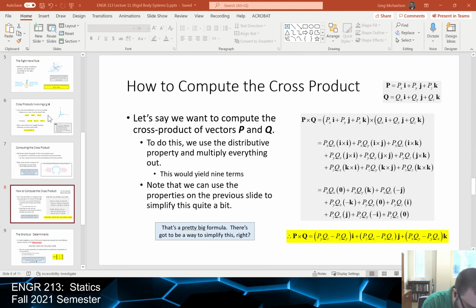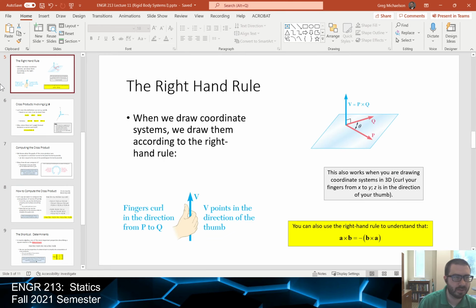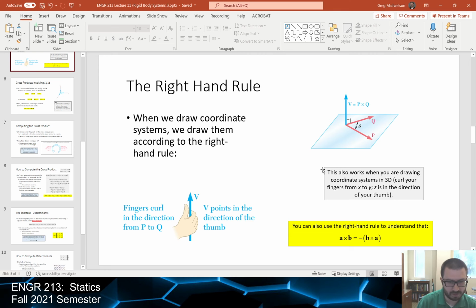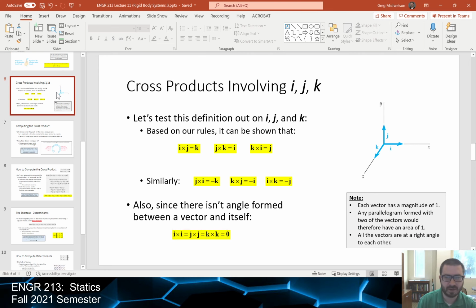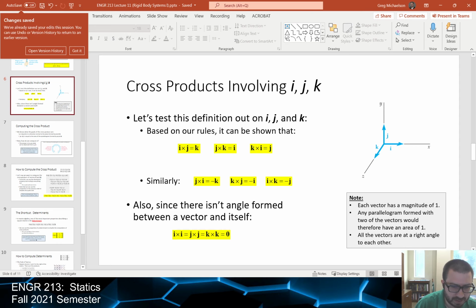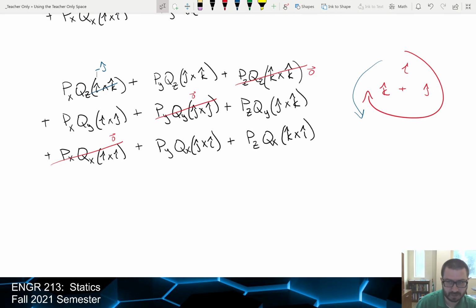Sorry, I've got multiple monitors here. So we found that I crossed K was negative J. You can see that right here. So it's not like we're revealing anything that we can't just pull from our previous derivation. Okay, so let's go back to our notebook.